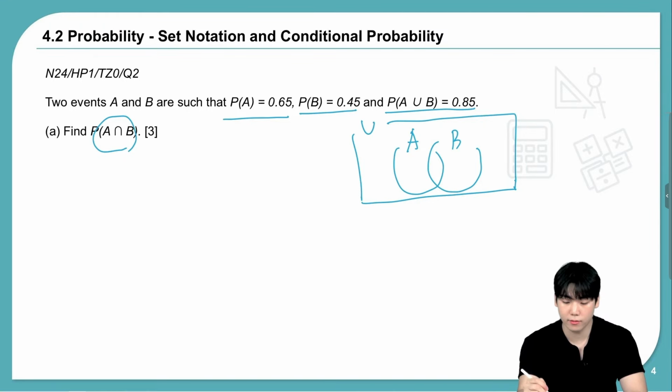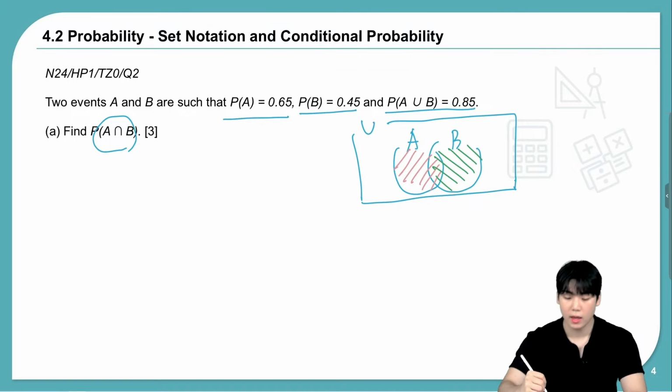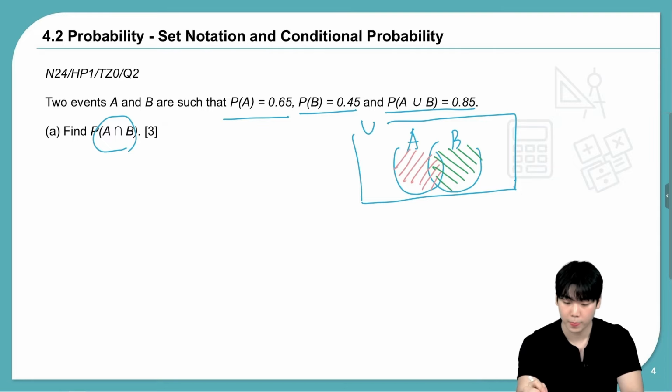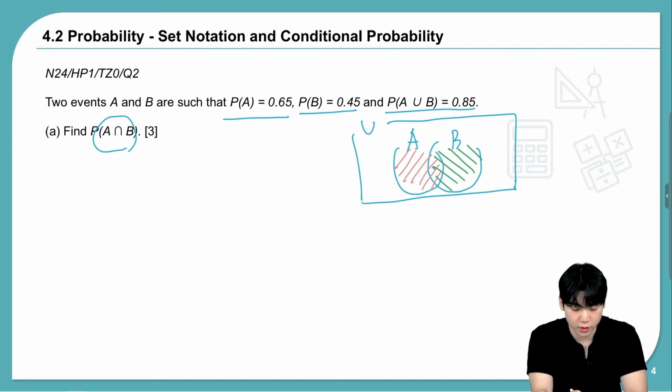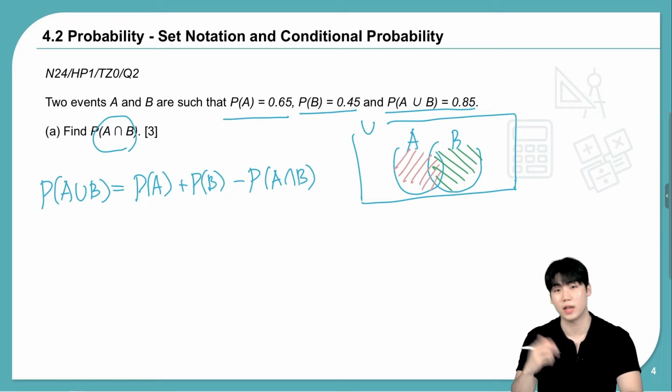So I have the whole probability of A and the whole probability of B. And if I were to add the probability of A and probability of B, I have this intersection part added twice. So that means I can derive another formula from here. The union of A and B is nothing but the probability of A plus the probability of B minus the intersection, because it's added twice.